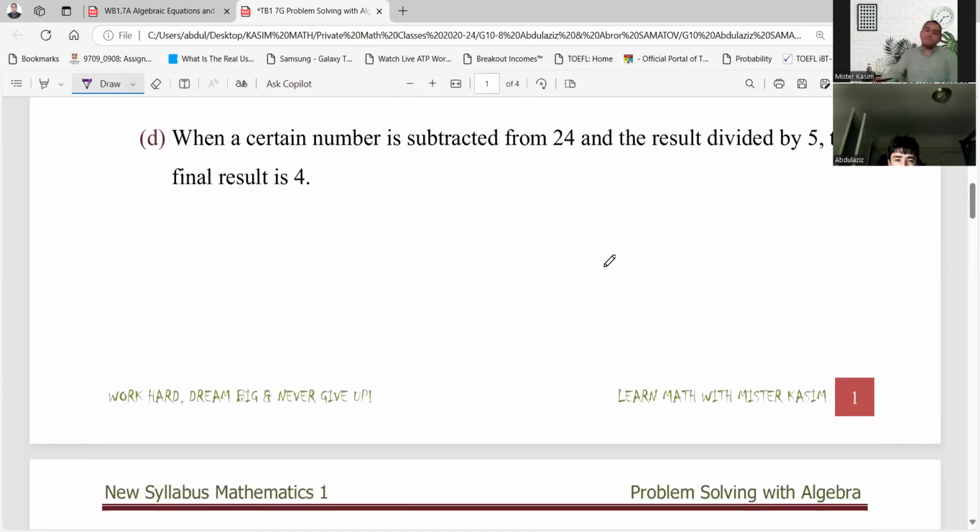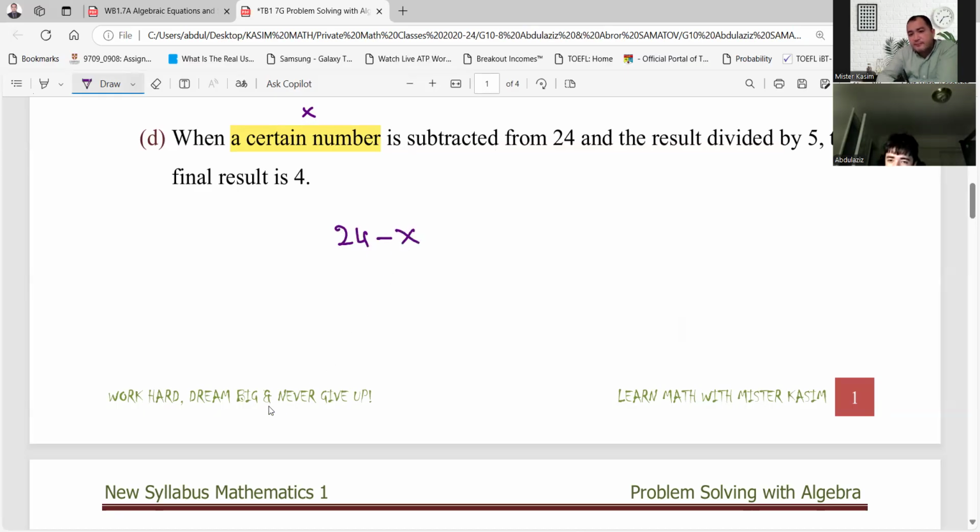D: when a certain number is subtracted from 24 and the result divided by 5, the final result is 4. Also here a certain number, so that is x. So x is subtracted from 24. What is it? Not x minus 24, x is subtracted from 24, so it is 24 minus x.